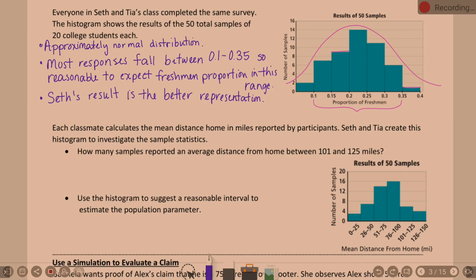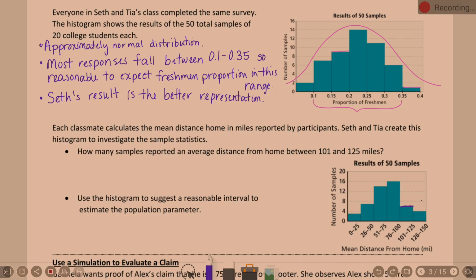Do we like his guess? 101 to 125 is which bar? It's that bar right there, yes. Definitely between 4 and 8. I agree with 6. If you're slightly off one way or the other, it is what it is. But if you look at this bar on the right to be down here at 4, and then 8 being that next line up, I would say that there are 6 samples that reported their average to come out between 101 and 125.